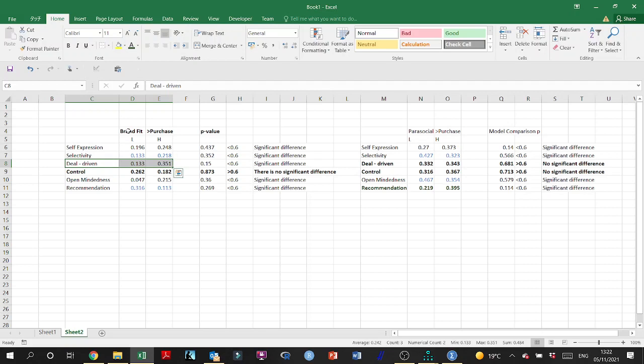It is quite interesting that over here it didn't show a significant result, but this means that parasocial is not always responsible for impacting purchase intention on millennials. It's good for recommendation. However, brand fit is necessary for deal-driven individuals. All right.